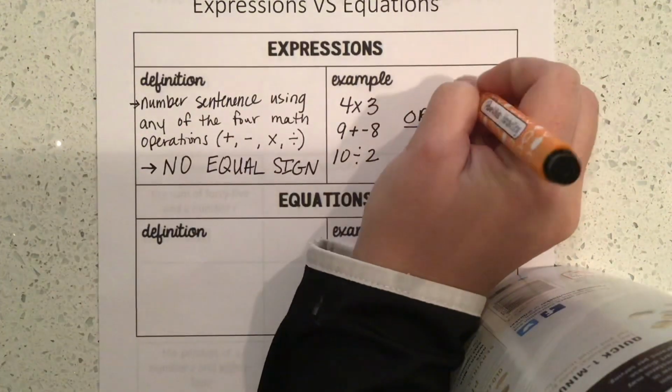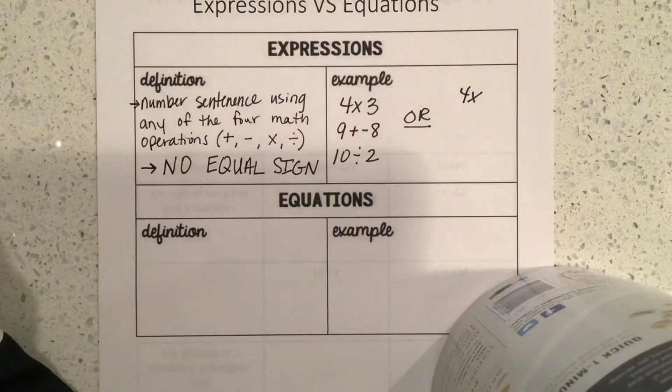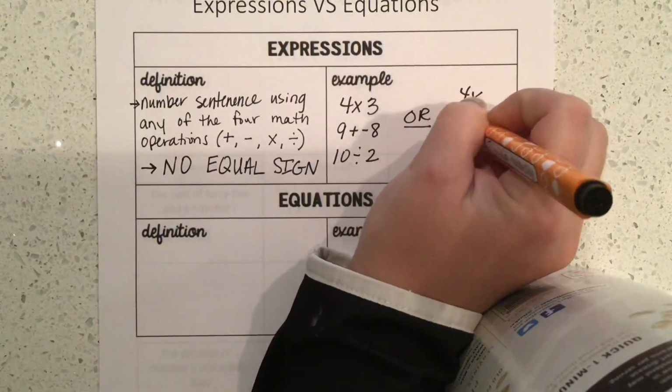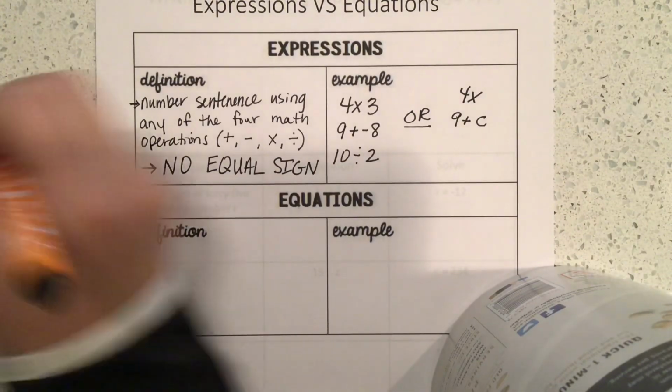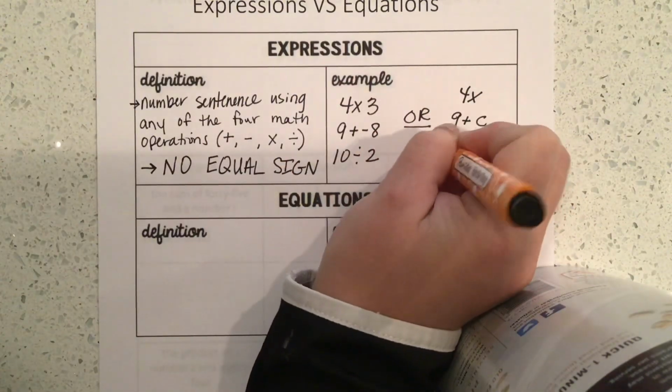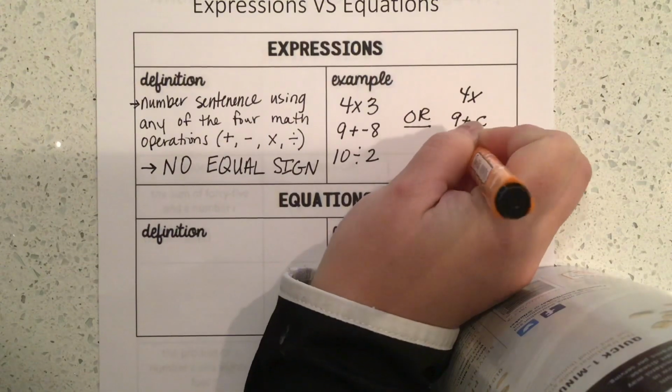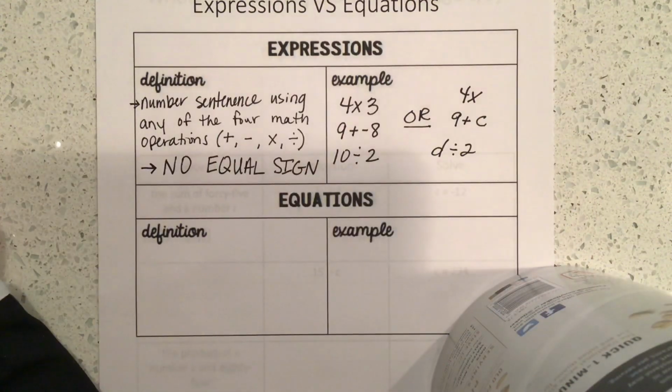So we could have 4x, which means 4 times x. Or we can have 9 plus c. Or we could have d divided by 2. All of these are expressions, and the reason they're called an expression is because they do not have an equal sign. Expressions do not have equal signs.